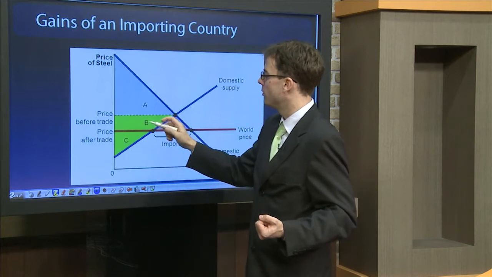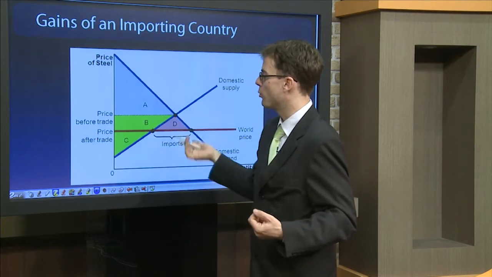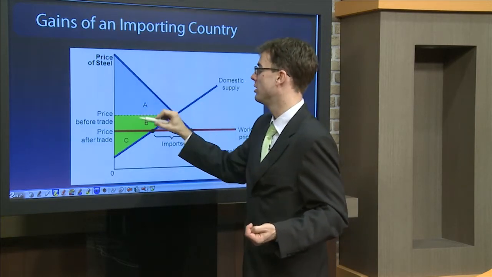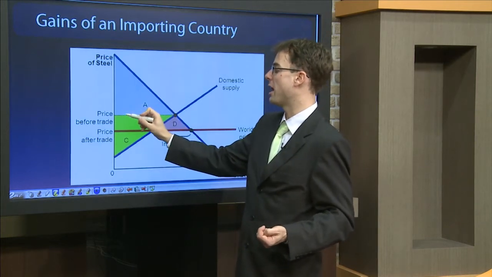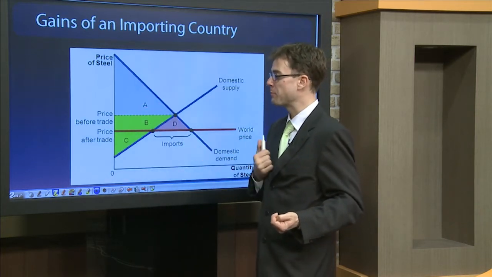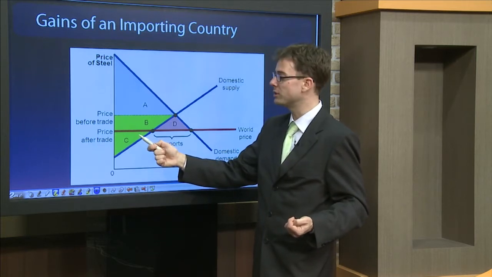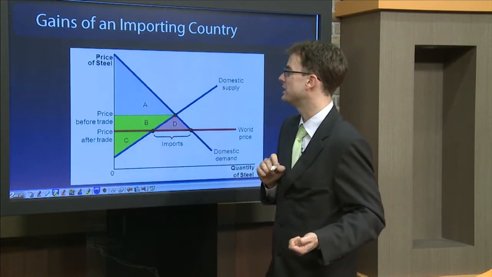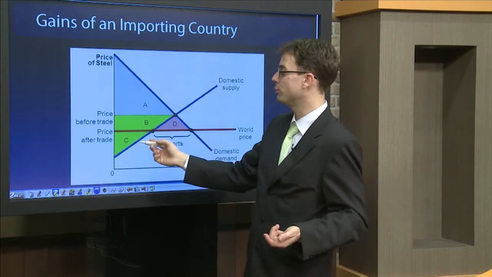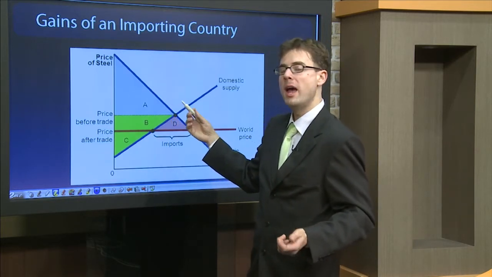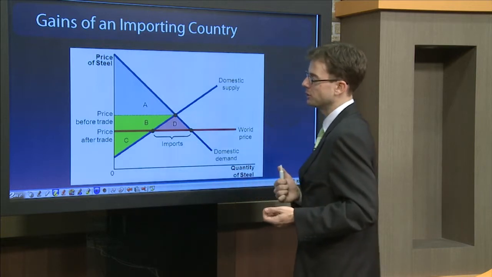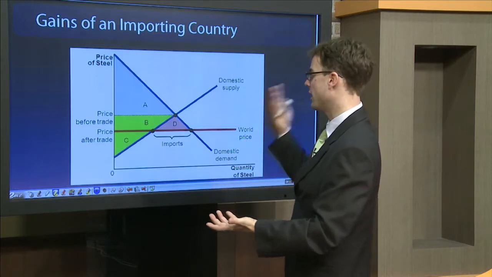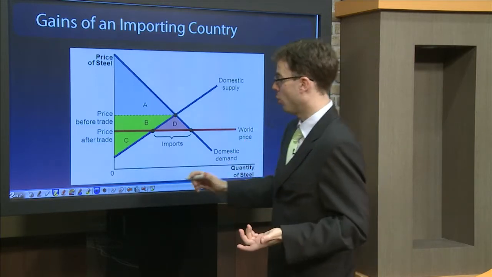We can notice that with free trade, consumers in this economy gain because their consumer surplus increases by areas B and D, and domestic producers lose because their producer surplus fell by area B. We can say that in an importing country, producers lose, consumers win, and consumers win by more than producers lose. So here we have shown that both in the exporting country and an importing country, total surplus increases.